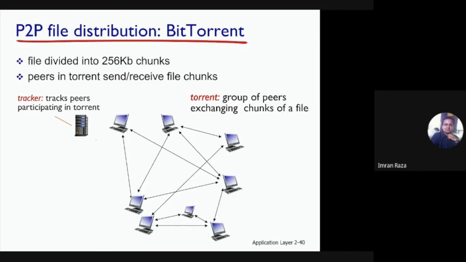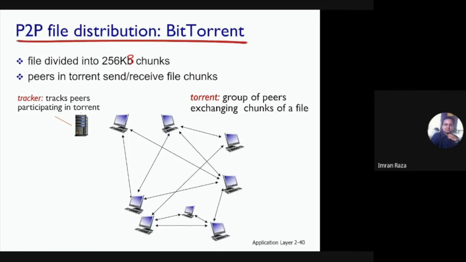So every time a peer participates in the distribution of a file, it registers itself with the tracker, this infrastructure node. And then we have a chunk. The size of a chunk of a file is 256 kilobytes. Okay, let's see how it operates.